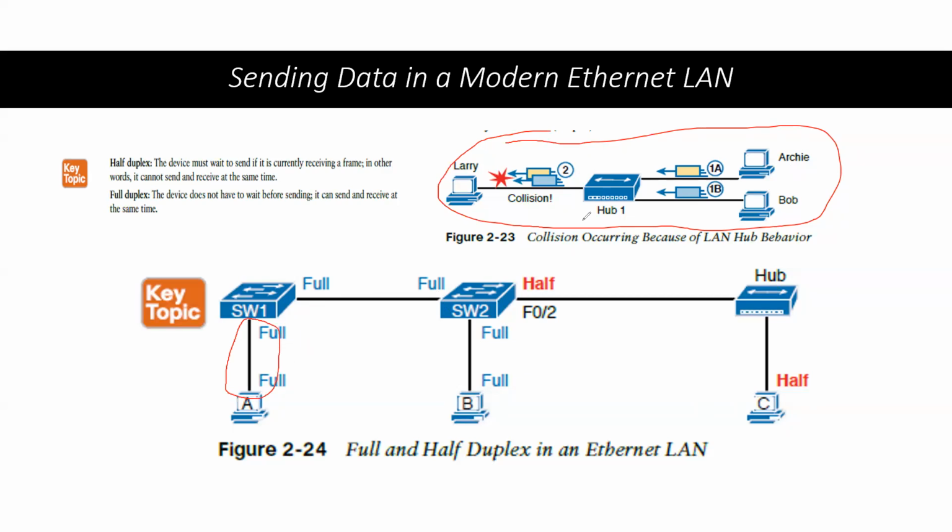So on a hub, it's one big collision domain. On a switch, each port is its own collision domain, so it can send and receive at the same time.